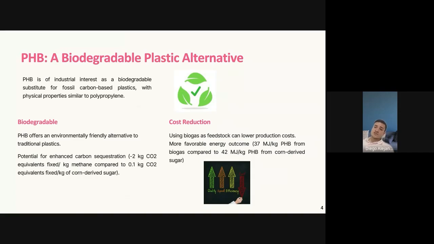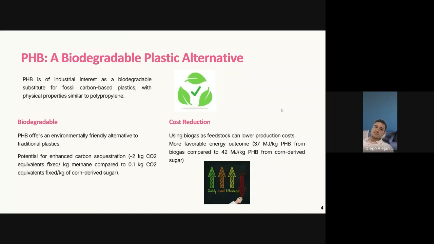Using biogas as feedstock can reduce production cost, and the life cycle analysis indicates a more favorable energy account: 37 megajoules per kilogram of PHB from biogas compared to 42 megajoules per kilogram of PHB from cultivated sugar.